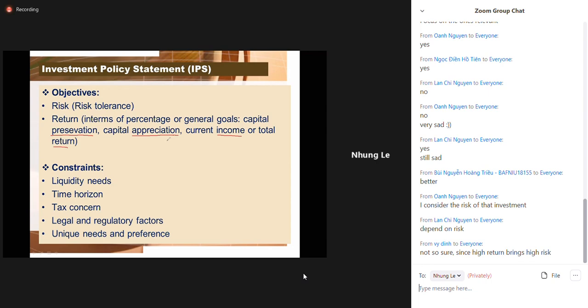Patient capital means they may not require a return in the recent years and they can wait. That's why we need to analyze the return, because it affects the strategies you invest in based on the objective. Based on what you want, you will find a strategy that can help you fulfill the objectives.